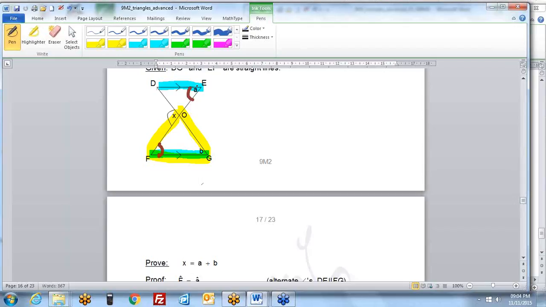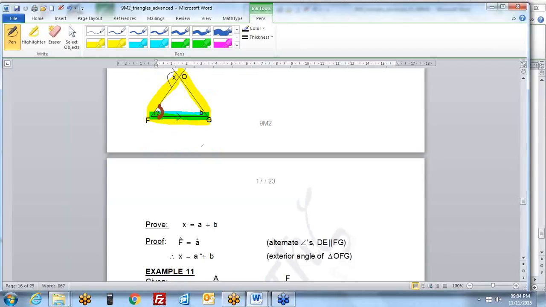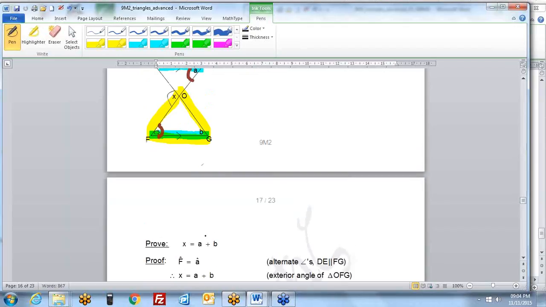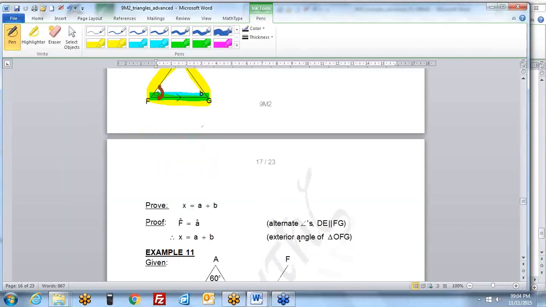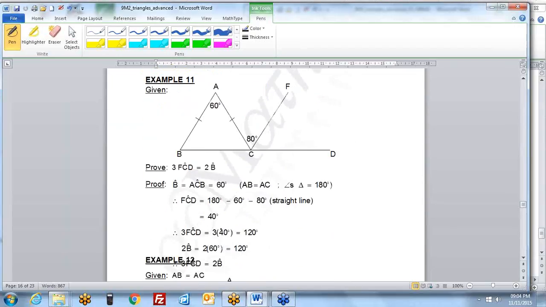So because angle DEO is the same as angle OFG, we use that small letter A over here, because we just proved it over here, angle F equals angle A. So therefore, angle DOF, this x over here, is equal to the sum of the opposite interior angles, which is A plus B. Exterior angle of triangle OFG, and that's what we just proved.